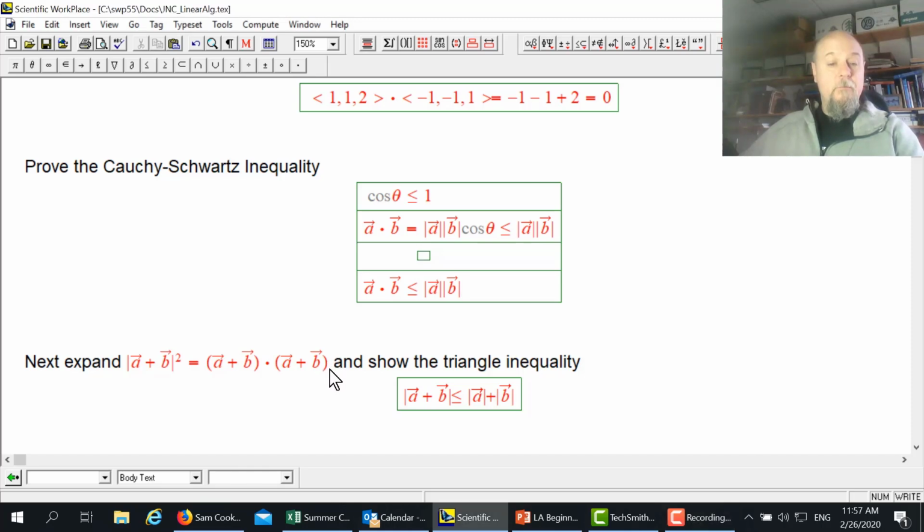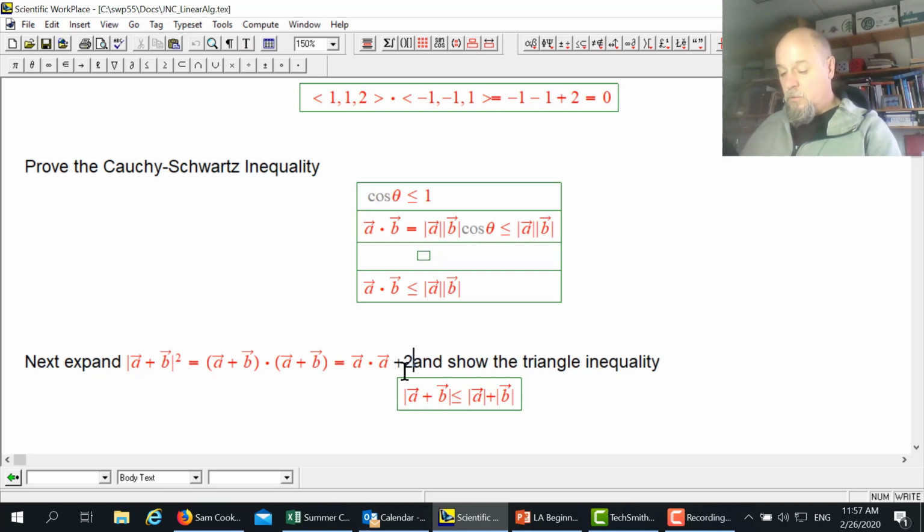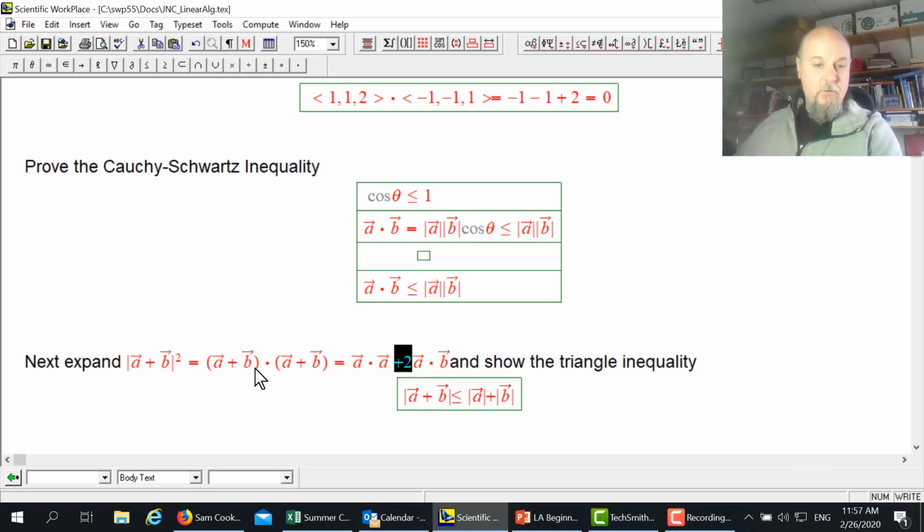So let's expand that out then. I'm using the dot product, so that's going to be A dot A plus 2 A dot B for the inner and outer.